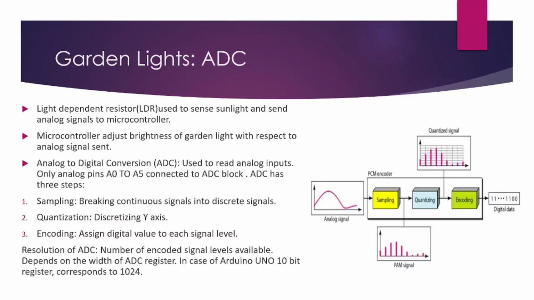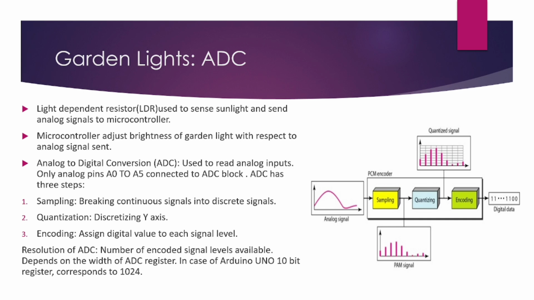I am going to explain what is LDR. LDR is nothing but a light dependent resistor. It is used to detect the sunlight brightness and send the analog signal to the microcontroller. Then the microcontroller will adjust the brightness of the garden light with respect to the analog signals sent.